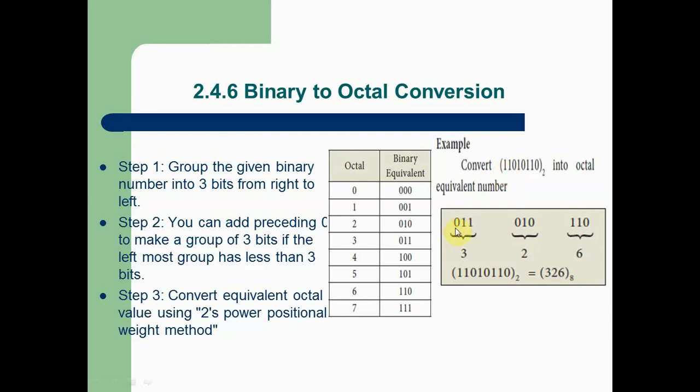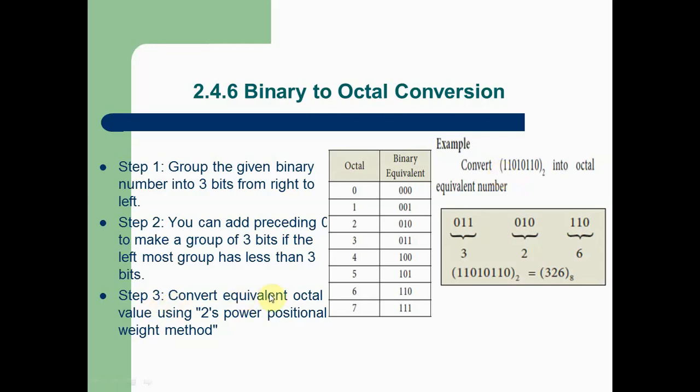If you see any shortfall in the number of binary digits, you can add 0s to make a group of 3 bits if the leftmost group has fewer than 3 bits.